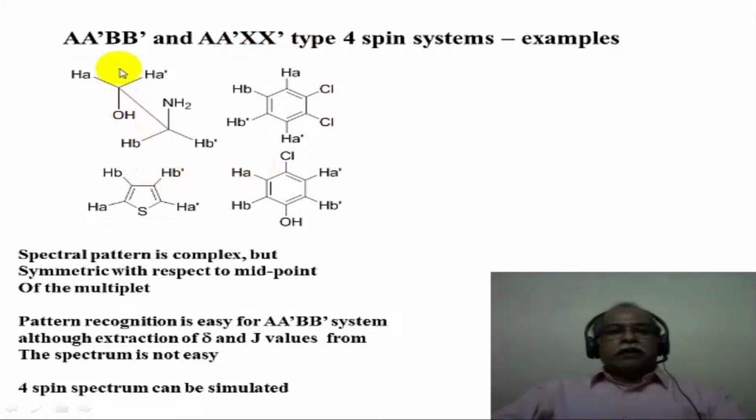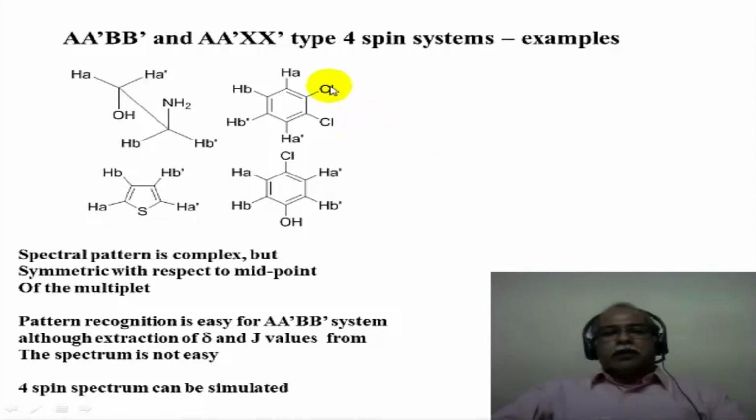If we consider disubstituted ethylene compounds, because the average dihedral angle between HA and HB and HA and HB prime is not the same, geometrically the relationship between HA and HB and HA and HB prime are different. So HA and HA prime, HB and HB prime represent chemically equivalent but magnetically different spin systems in terms of A and A prime, B and B prime.